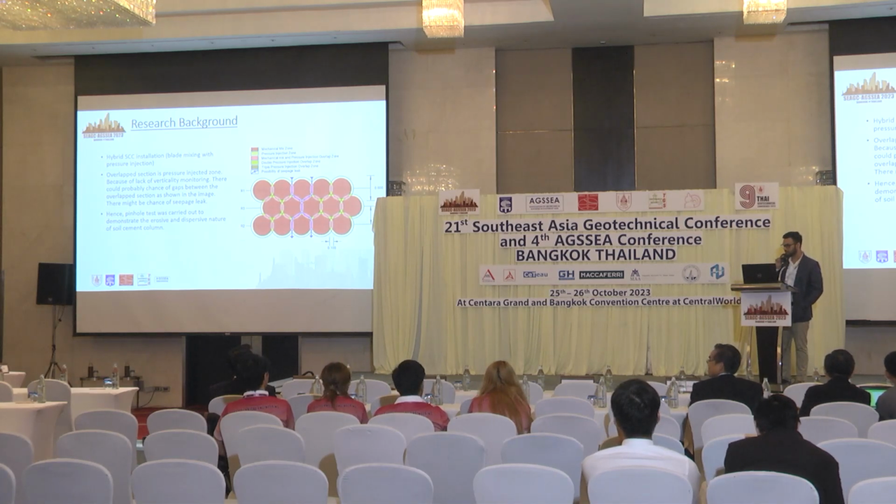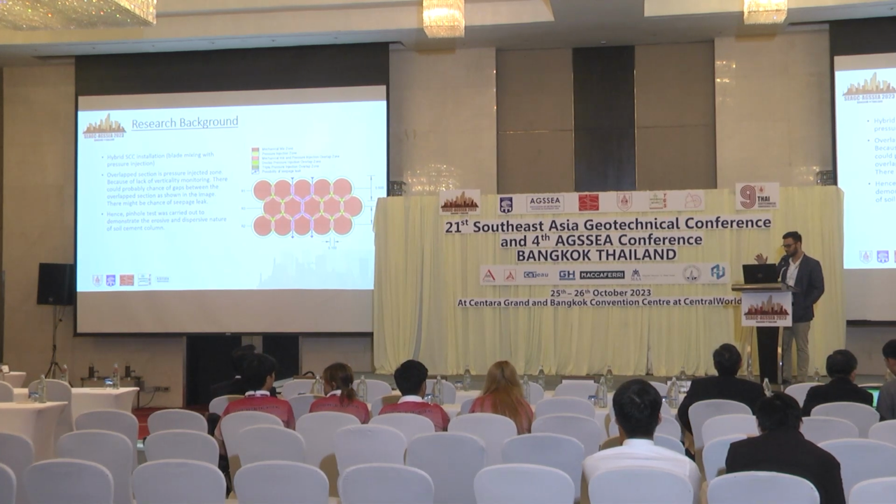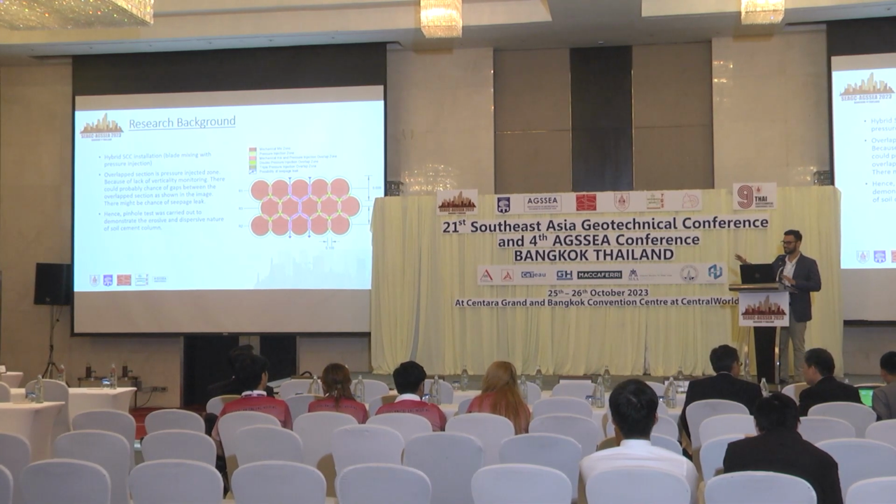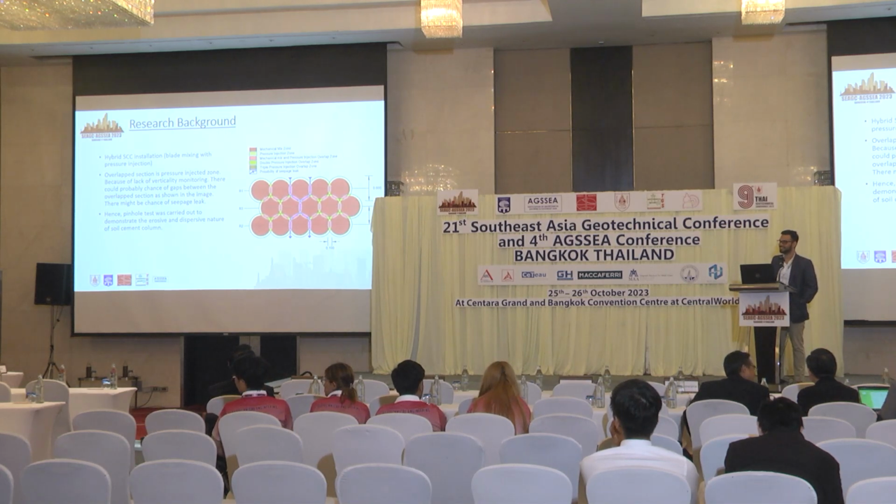You're talking about the field? Actually, the research is based on a laboratory test. So I haven't calculated the improvement ratio of the soil cement column. I need to check that one. Thank you very much.